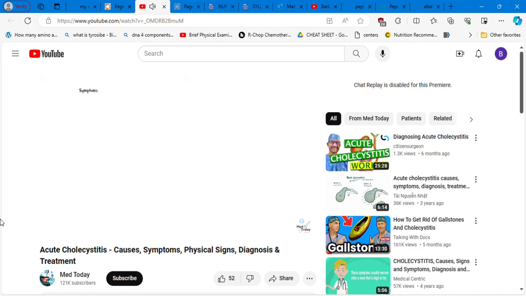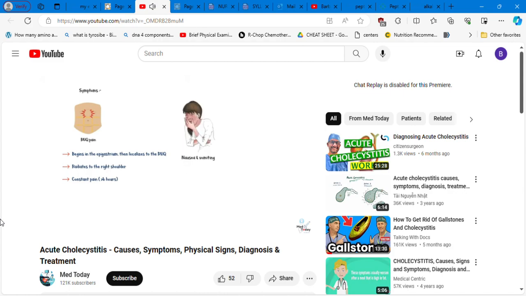Predominant symptom in acute cholecystitis is right upper quadrant pain, which begins in the epigastrium and then localizes to the right upper quadrant. The pain often radiates to the right shoulder. It is a constant pain, lasting for more than 6 hours. The pain is associated with other symptoms such as nausea and vomiting and fever. In addition, patients may have a history of gallstone disease.